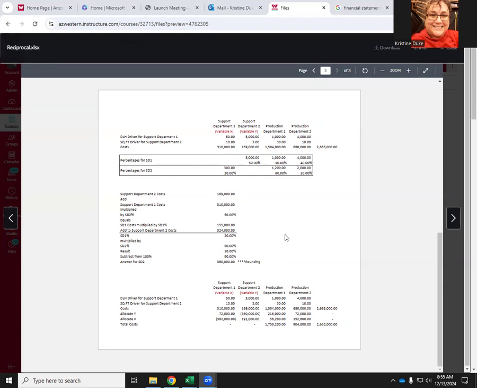It just becomes a crazy, crazy mess, because this 191 plus 169 is coming from support department 1. This 382 is coming from support department 2, added to the regular cost, and then it allocates out. And oh my gosh, it's a mess.